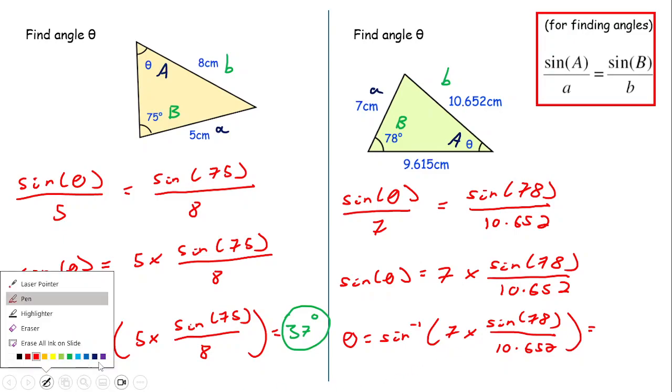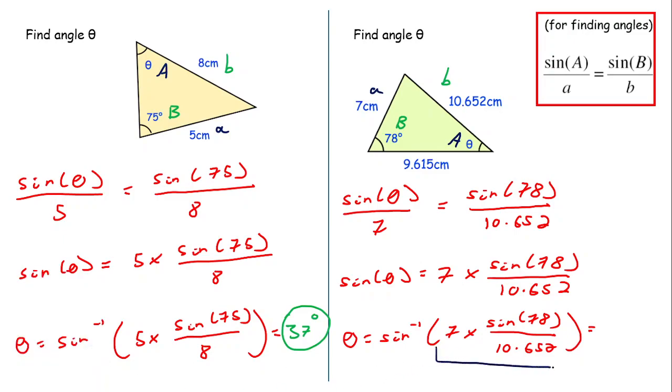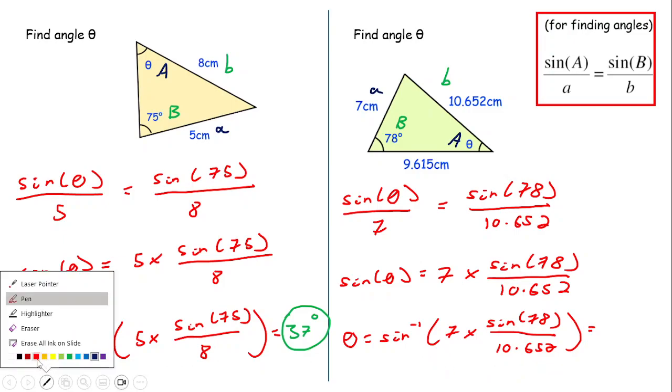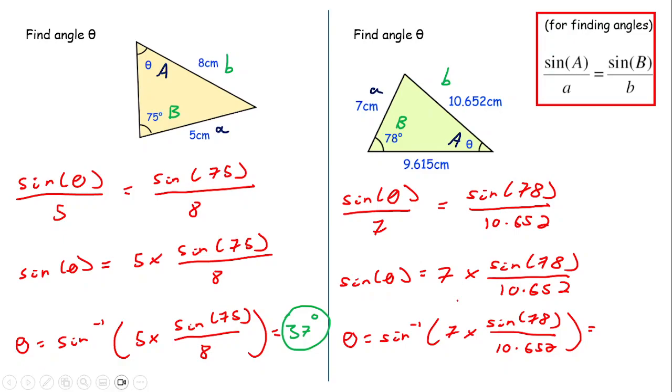Again, this part here, if you wanted to, you could write that bit as a decimal if your calculator isn't the best, but most of us have got a Casio, which is much easier. Just type in sine inverse of 7 times fraction sine 78 over 10.652, which is equal to 40 degrees. Let's put that in green. 40 degrees, and that there is our answer.